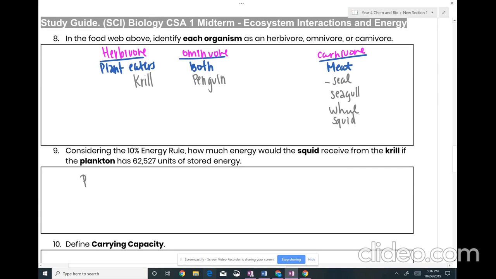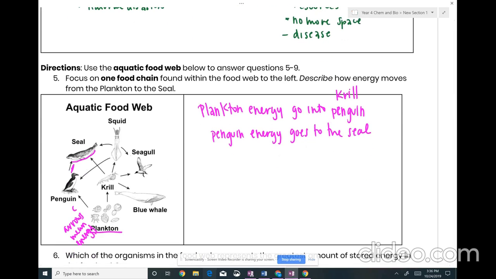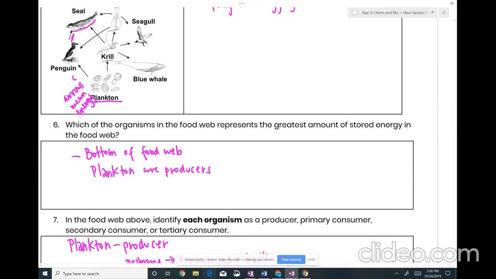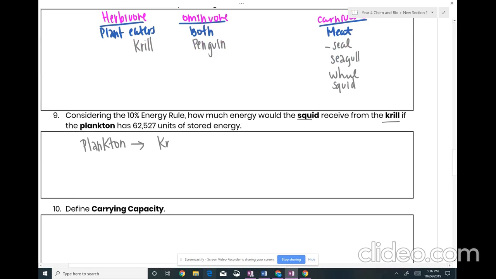Right, so we have plankton, krill, squid. So plankton, and then we are going to have our krill, and I'm going to have my squid. So this is the food chain that I'm working with, right?